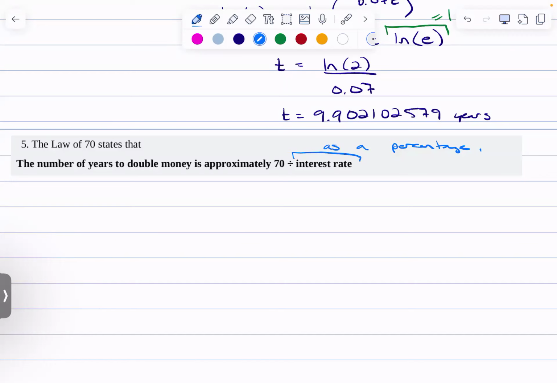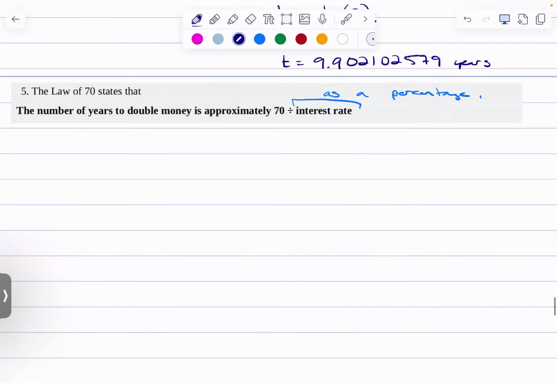So at 2%, now it actually doesn't matter how often you're compounding, because it all comes out in the wash. It's just an approximation. And so at 2%, how long will it take for $1 to double?